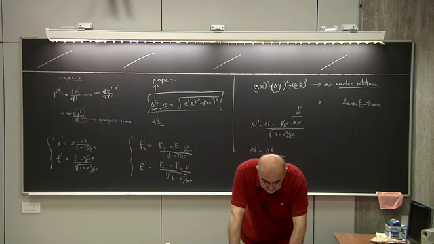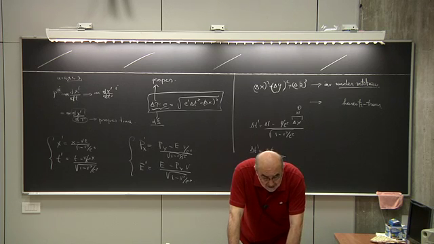So L0 is in the rest frame with the system, and L is in the moving frame, okay? And then I prove at the end of page 8 that there is a contraction.